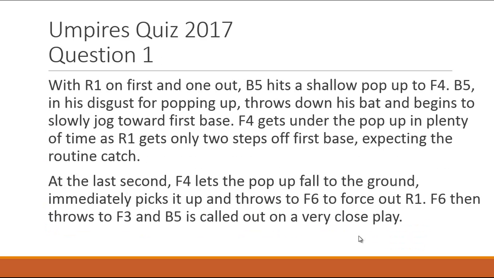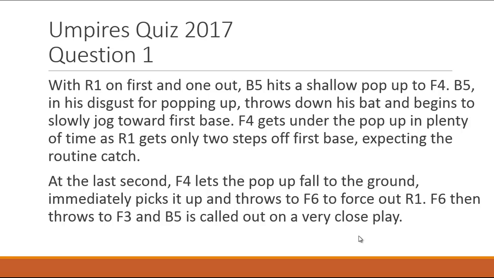Question number one. With a runner on first and one out, the fifth batter in the order hits a shallow pop up to second base. The batter, in his disgust for popping up, throws his bat down and begins to slowly jog towards first base. The second baseman gets under the pop up in plenty of time, as R1, the runner on first, gets only 2 steps off of first base expecting the routine catch.